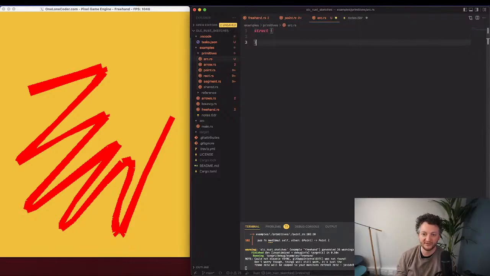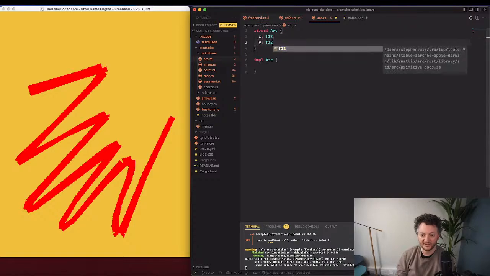Let's see if I can remember how this stuff goes. So I want a struct named Arc. Then I want an implementation for Arc. And then the struct is going to have an x, a y, and a radius.